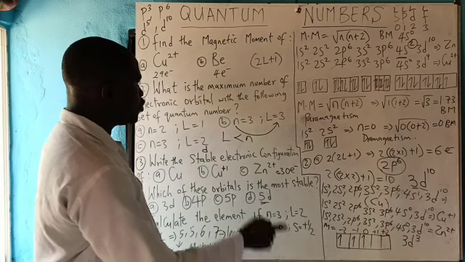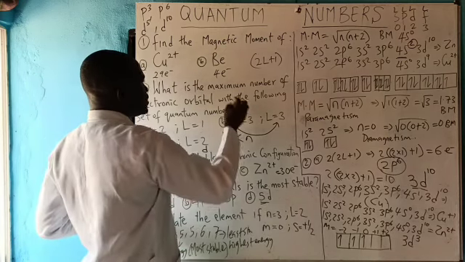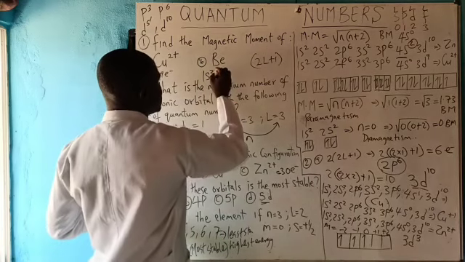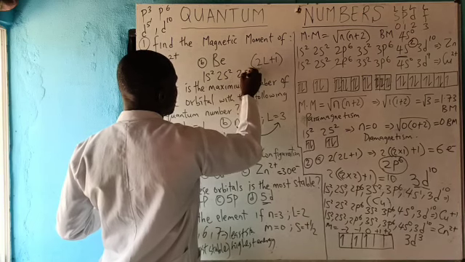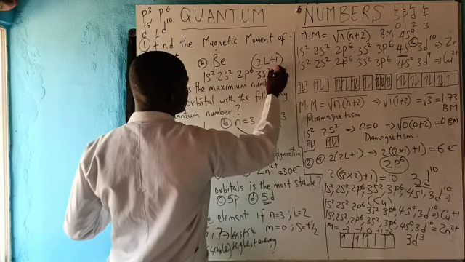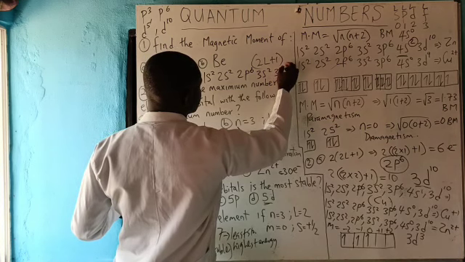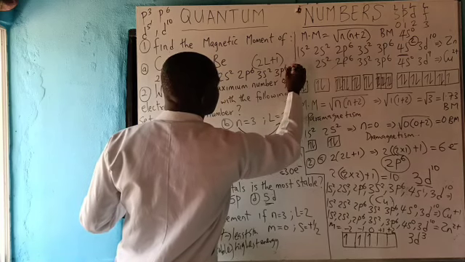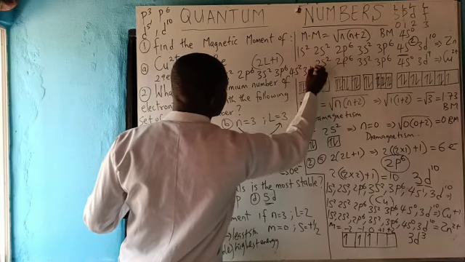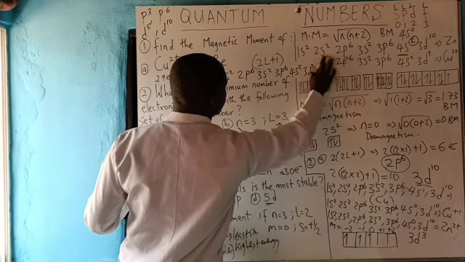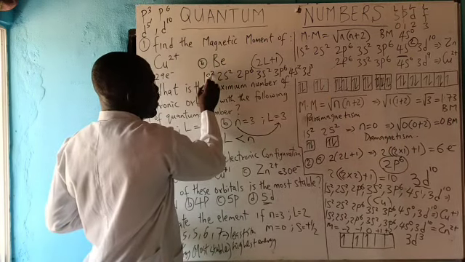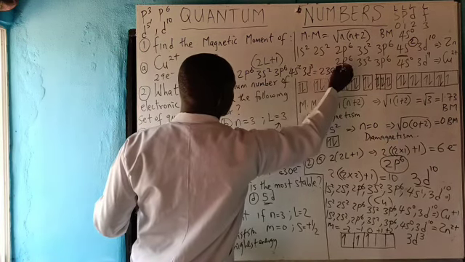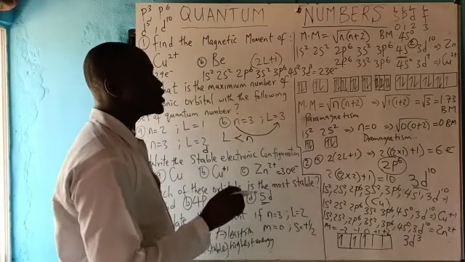And so the element will be gotten this way. You write 1s2, 2s2, 2p6, 3s2, 3p6, then 4s2 and 3d3. How many electrons? 2, 10, 20, 23 electrons.